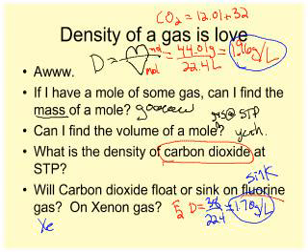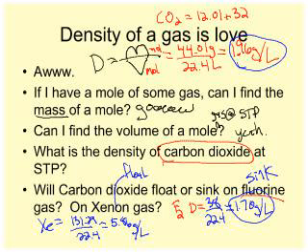So xenon is 131.29 over 22.4, which is a lot more than 1.96, I can tell you that, but just to be crazy little calculator fiends, I get 5.86 grams per liter. So will carbon dioxide float or sink on xenon? Carbon dioxide will float on xenon because its density is less.